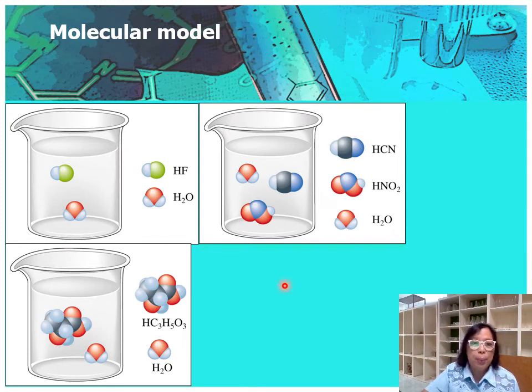You can have papers or plastic balls or even other indigenous materials of different colors that you could use to show how HCN looks like and H2O and how they react with one another forming a solution.